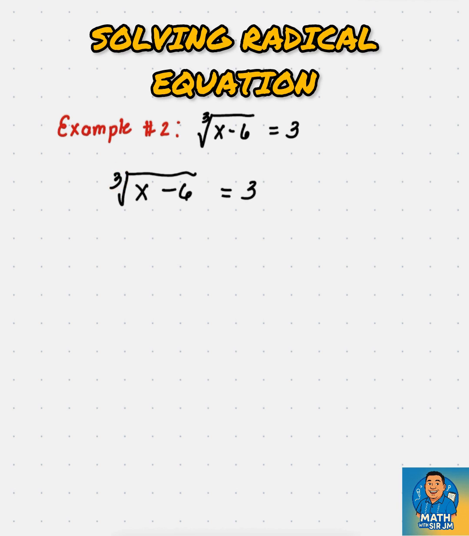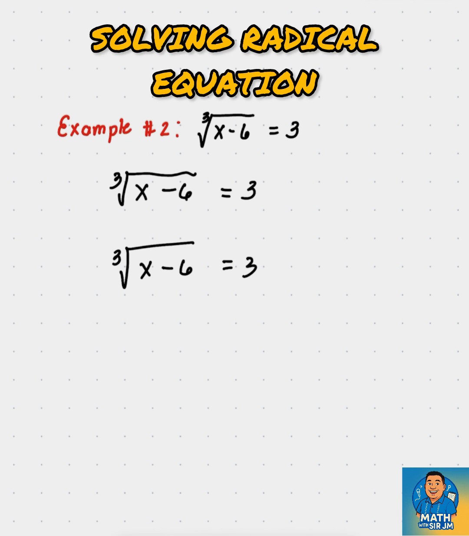We need to raise both sides of the equation by the index of our given radical expression. Therefore, we need to raise both sides of the equation by 3 because our given radical expression is a cube root. We have here cube root of x minus 6 is equal to 3.